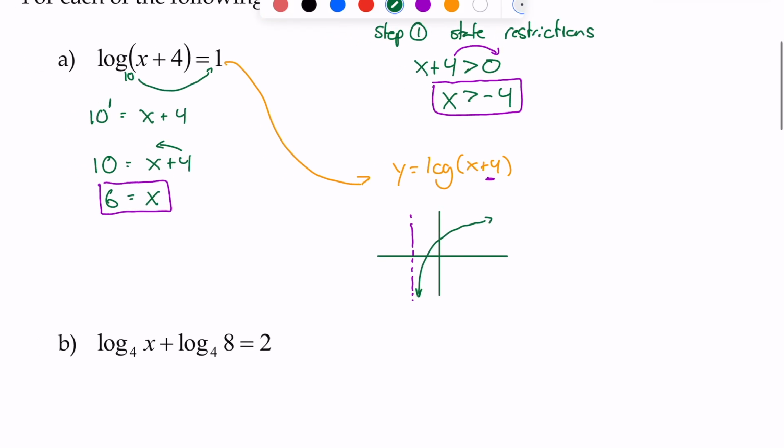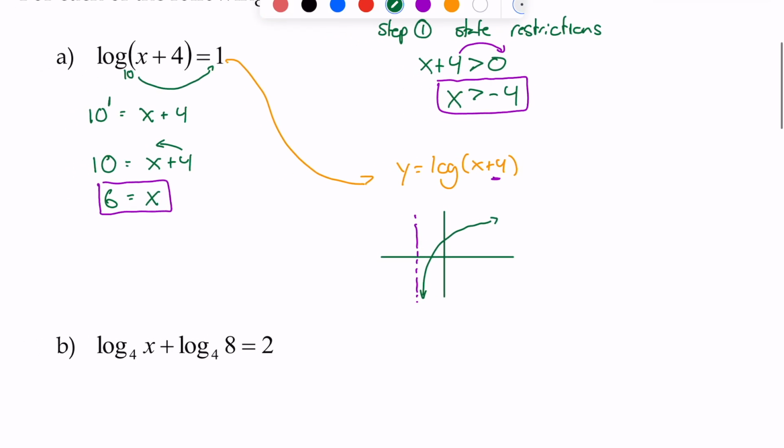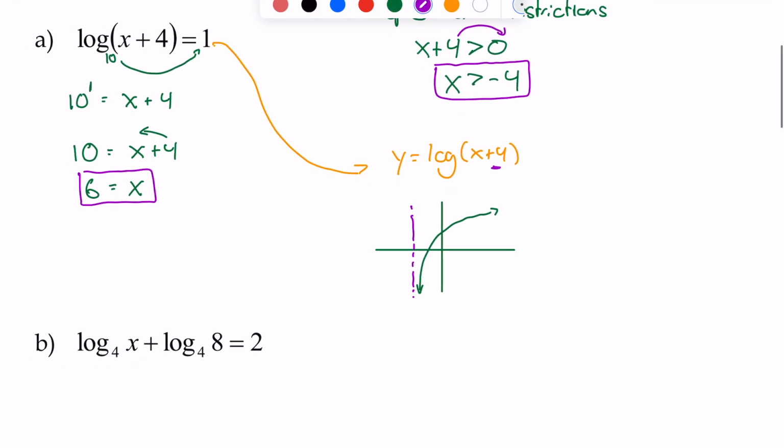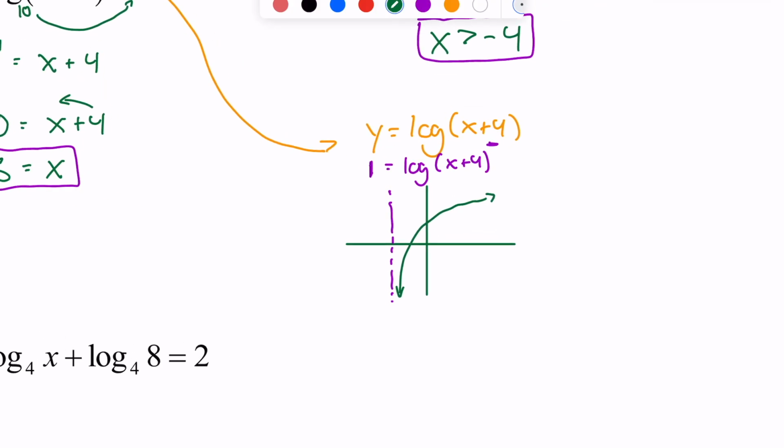And what you found is you said, well, what x coordinate gives me an output of 1? What coordinate of x gives me this 1? What we algebraically found was an x coordinate of 6.